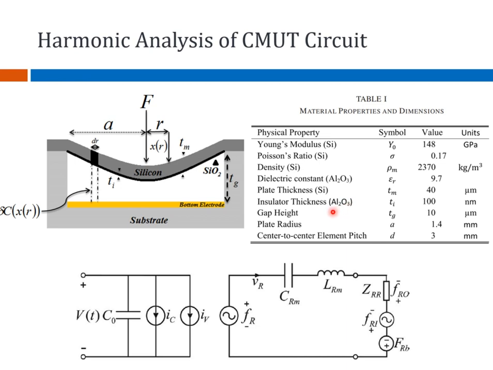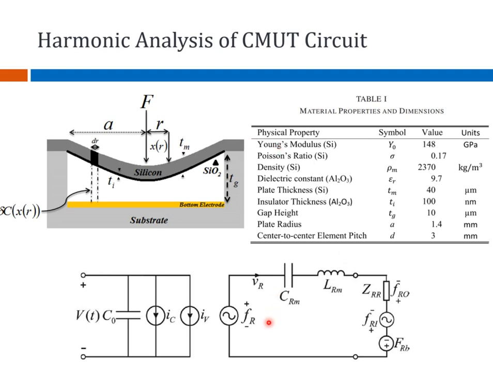The loss tangent of alumina is much better than silicon dioxide. It's like 1 in 10,000, so you don't have much dielectric loss due to the passivation film, and it's about 100 nanometers, which was grown by atomic layer deposition. The gap height is about 10 micrometers. The plate radius is about 1.4 mm, and the membrane thickness is about 40 micron.